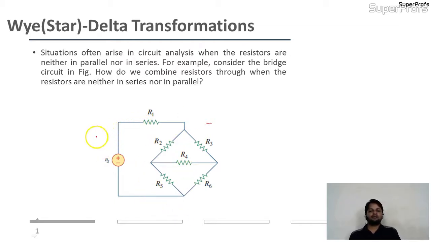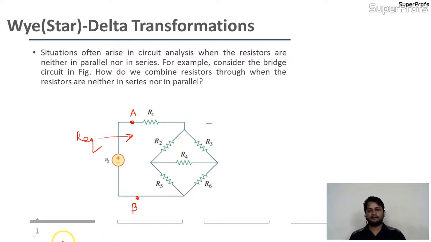If someone asks you to find the R equivalent of this circuit across the terminals A and B, what will we do? Nothing, because no one is connected in parallel or series combination. So that's why the star and delta connections come into the picture.